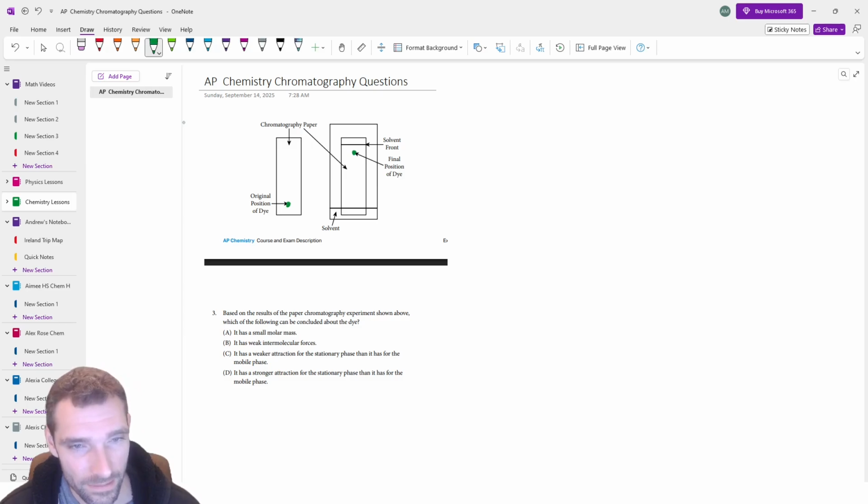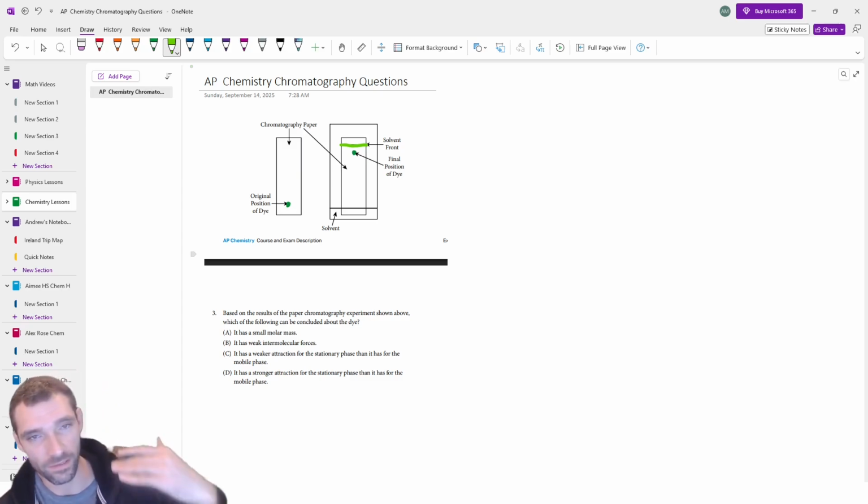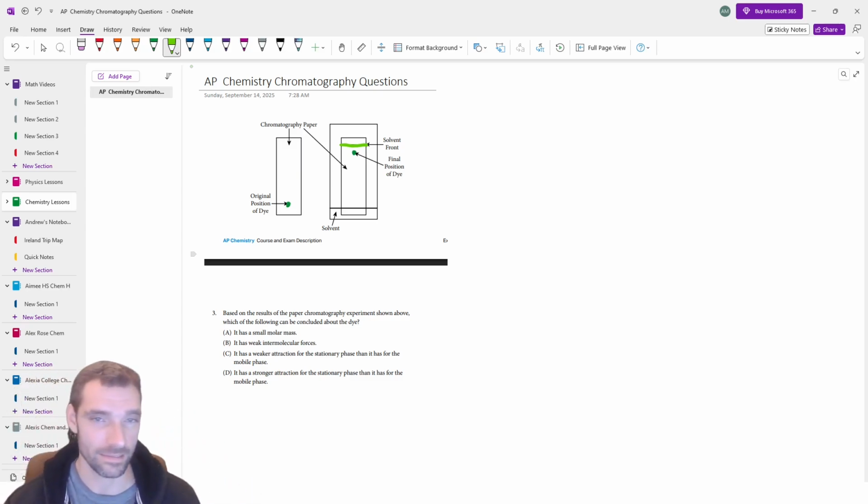In this case, they haven't told us polar, non-polar, solvent front, or anything like that. But what's important to note is that this thing is almost at the max. So the solvent front, that's as far as the water has gone up, and this dye has nearly gone all the way up. So it is essentially going with the water.